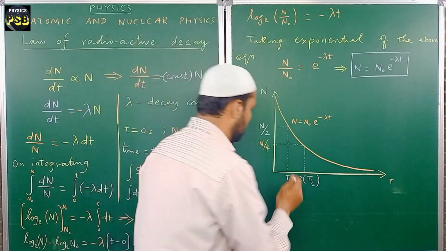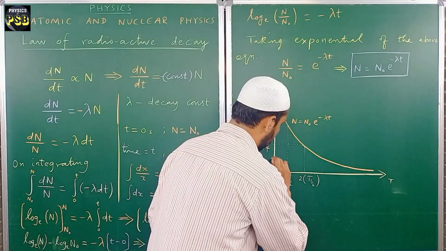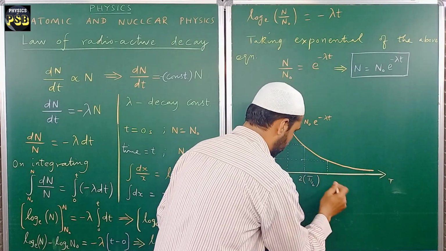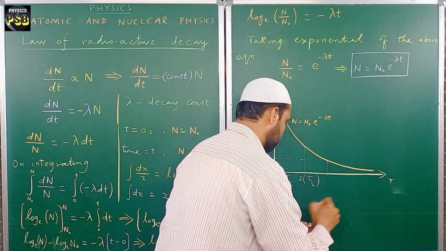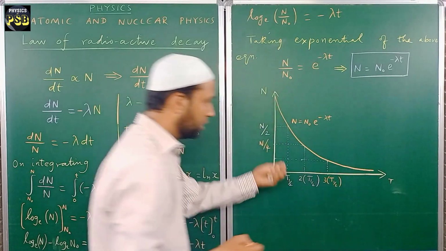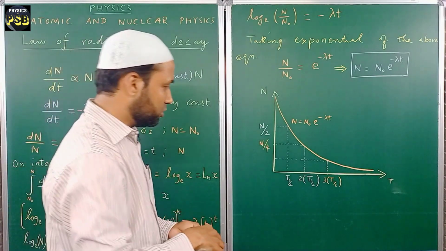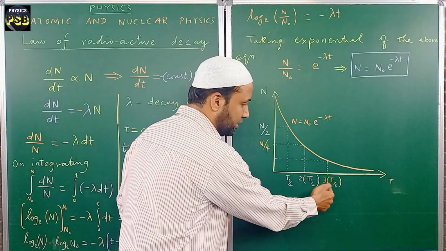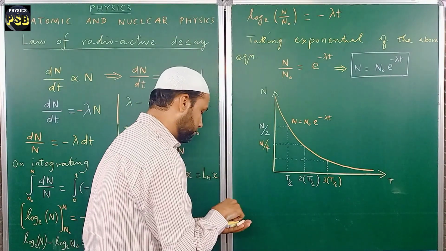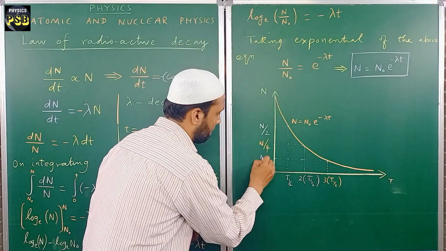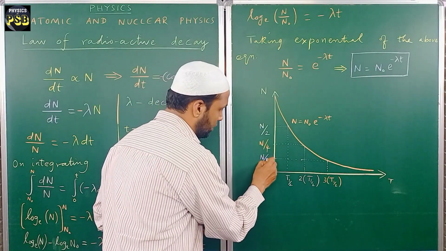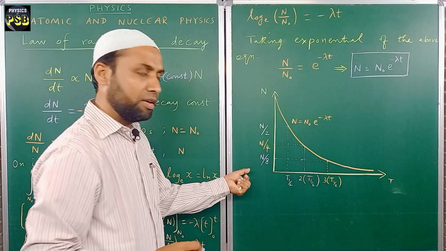I will get one more. Yes, 3 times the half-life period of the given radioactive substance. Now at 3 t half, the number of nuclei is going to be n divided by 8.